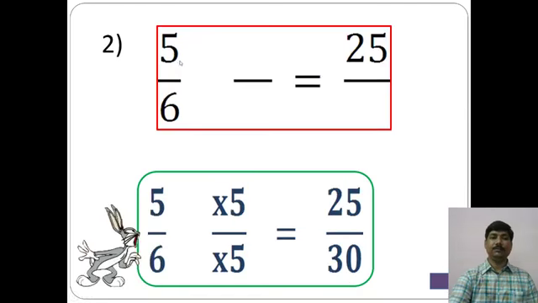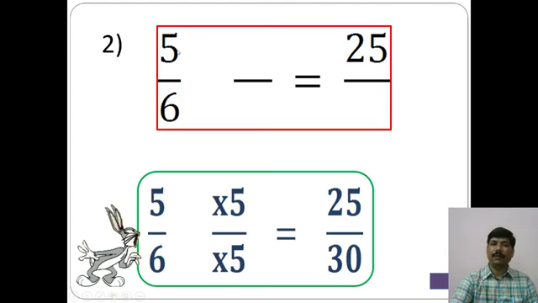Next, another example. This fraction is 5 upon 6. You have to make an equivalent fraction 25 upon blank, and you have to find the denominator. You have to find such a type of equivalent fraction whose numerator is 25. So how can you find the 25? This is 5 and this is 25.